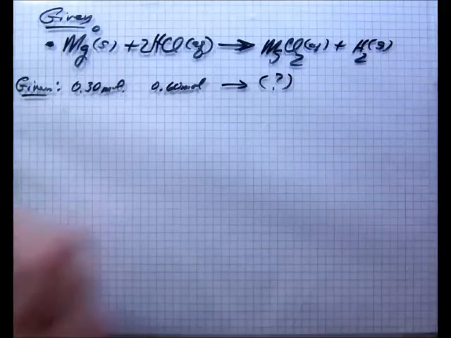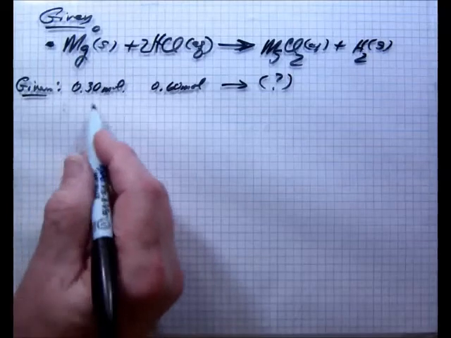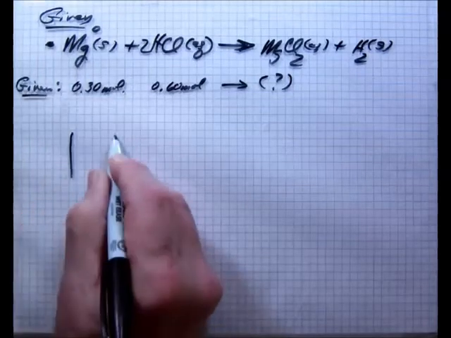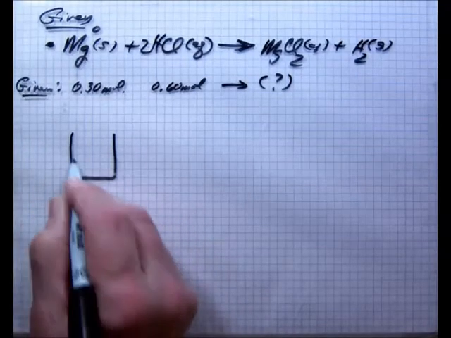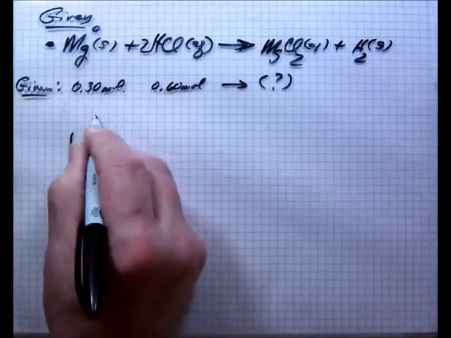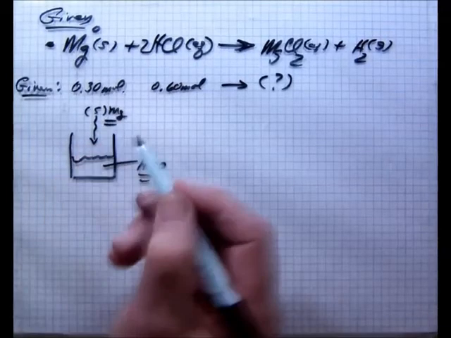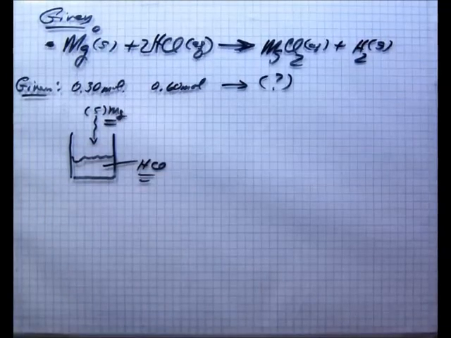Okay. So this is some magnesium. And essentially you have a beaker which contains a quantity of HCl. And you're going to be throwing some solid magnesium in there, in powder form or whatever.